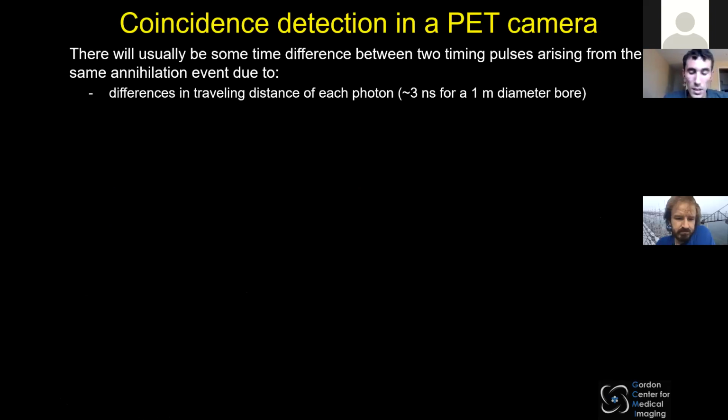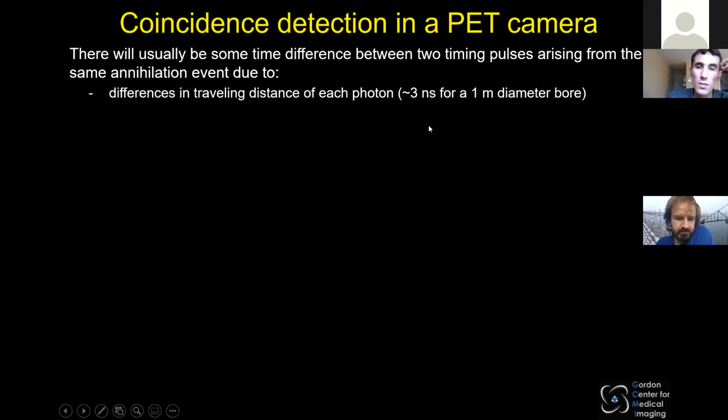Of course, those photons are traveling at the speed of light, but if you're talking about a 1 meter diameter bore, so detectors placed 1 meter apart, and you have an annihilation that happens in the left flank of the patient, you can have one photon that is detected right away by the closest detector, and the other photon that has to travel the whole length of the patient, basically.